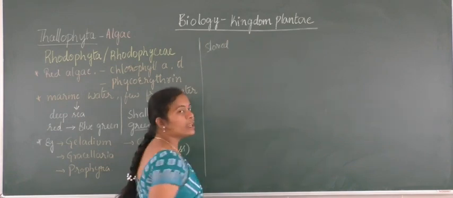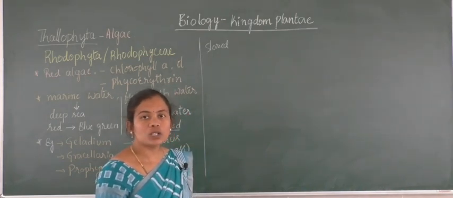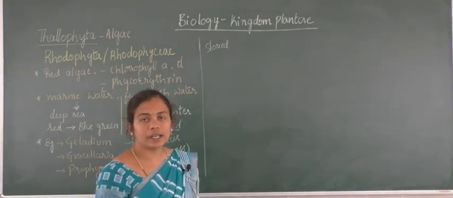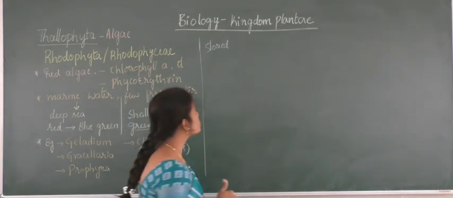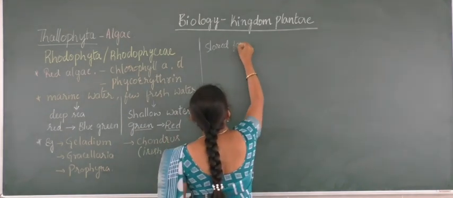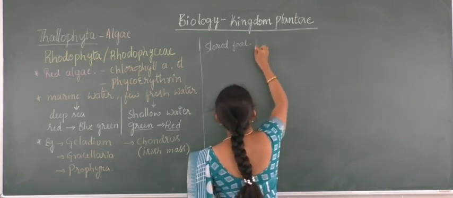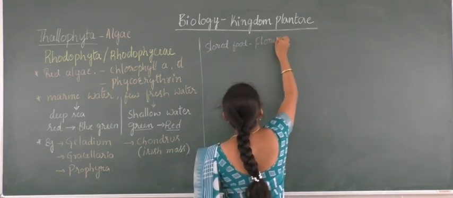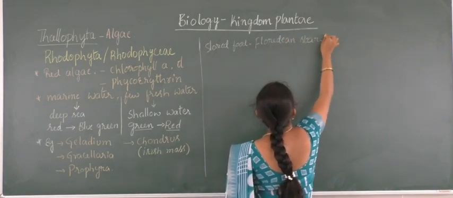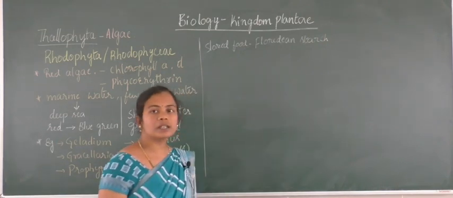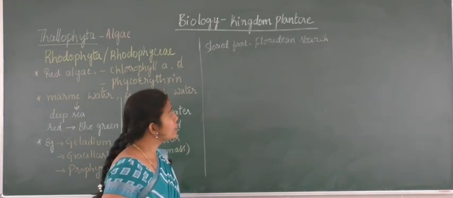As we learnt about pyrenoids, oil droplets which act as a reserve food material in Chlorophycean members, in the same way red algae store their food in the form of Floridean starch. You should know this difference: in Chlorophyceae it is pyrenoids, and in Rhodophyceae it is Floridean starch.